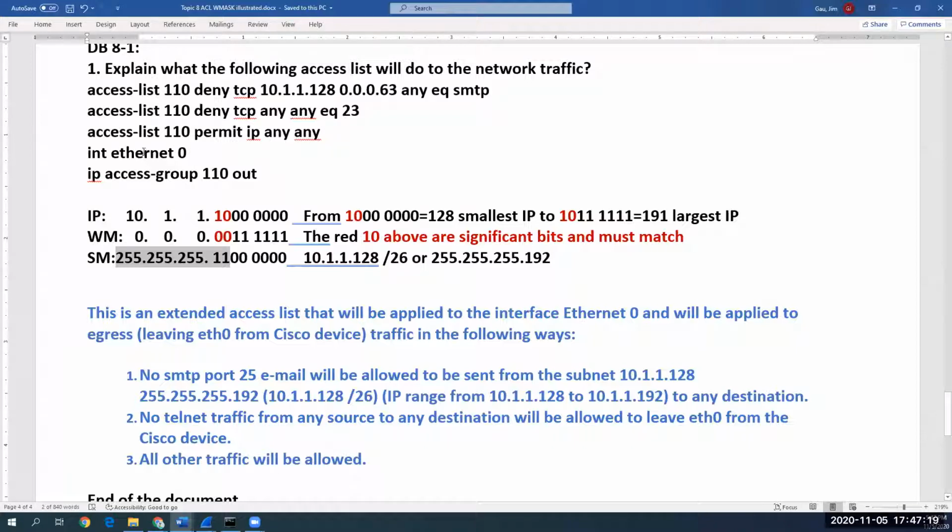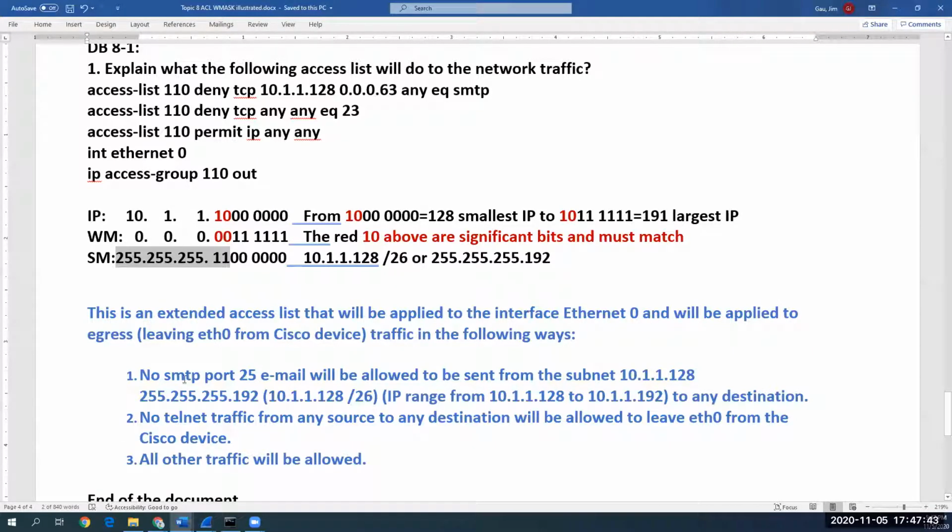Okay. If you send it from port 1, port 2, then it doesn't matter. And the second line, of course, is the same thing. The second line is shorter, so I put more specific information there. No telnet traffic from any source to any destination will be allowed to leave the Ethernet 0.